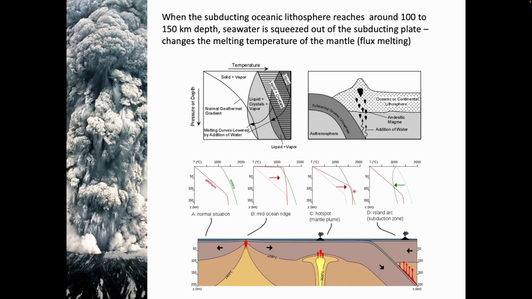At a hot spot, we have greatly increased heat at depth, which causes melting at great depth at the base of the lithosphere. And then in an island arc or a subduction zone area, the actual solidus, the melting curve, gets changed and goes beneath the geothermal gradient. And this gives us melting at 100 to 150 or so kilometers depth underneath our oceanic or continental lithosphere.